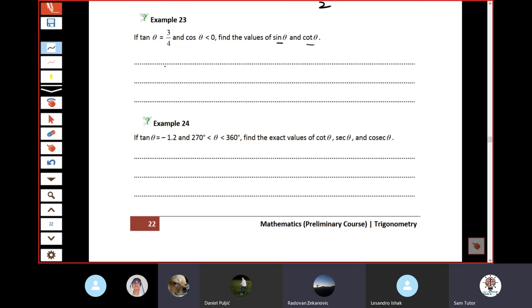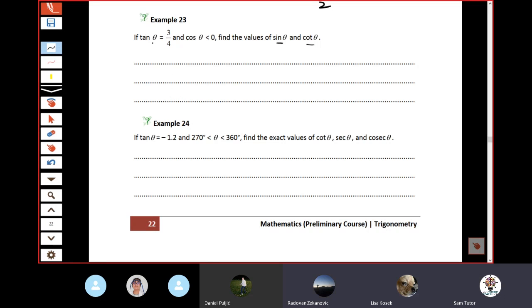Tan equals sine over cos. No, I'm not going to use that. What if I change this to just cos? Now I need to find sine. What must you create? Someone want to help out?